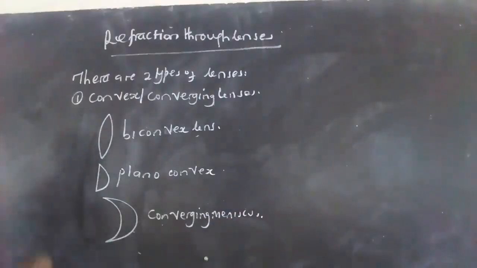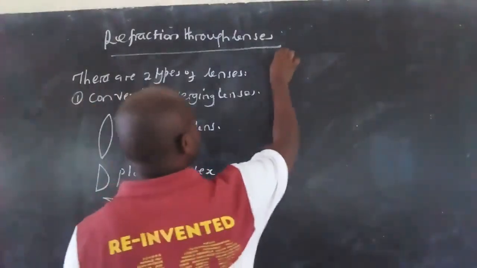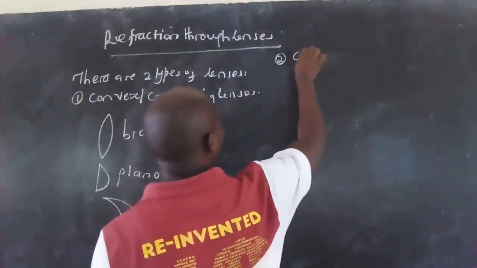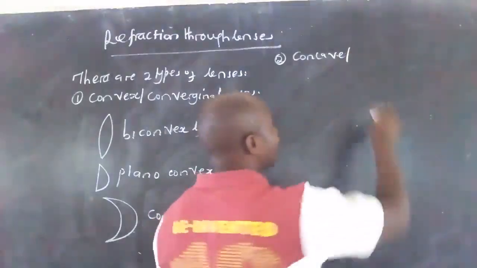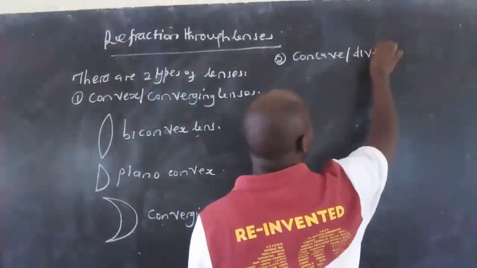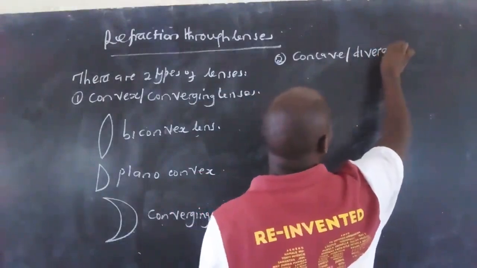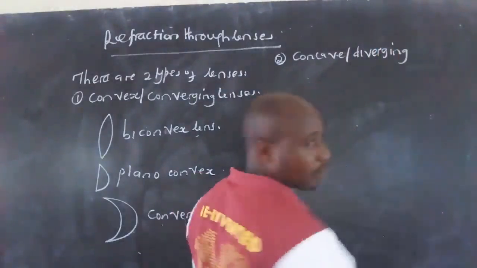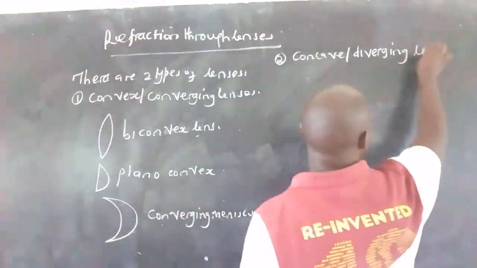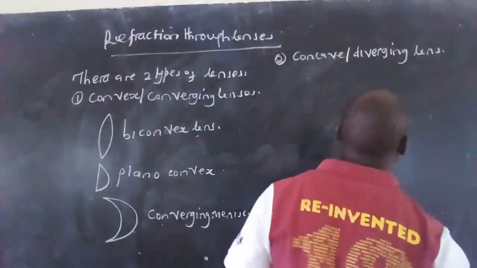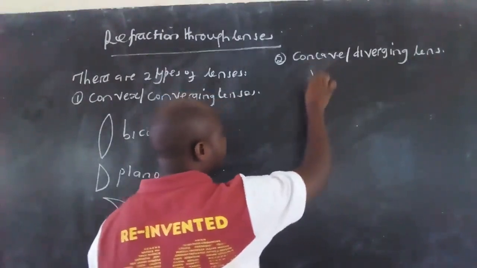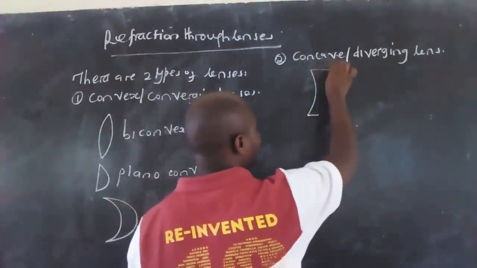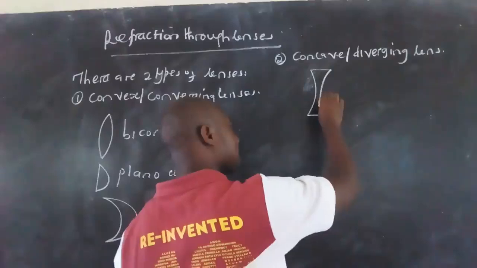Meniscus. Then we have number 2, concave, or another name we can use, diverging lens. So we shall have this one, where two surfaces are curved.